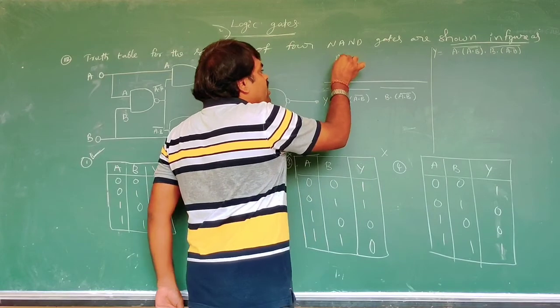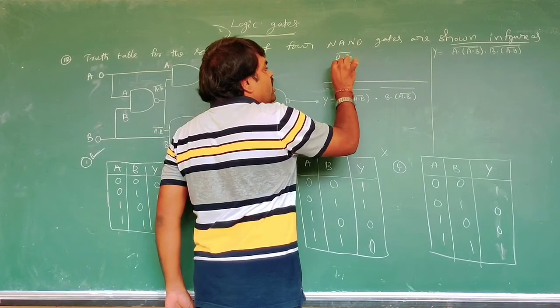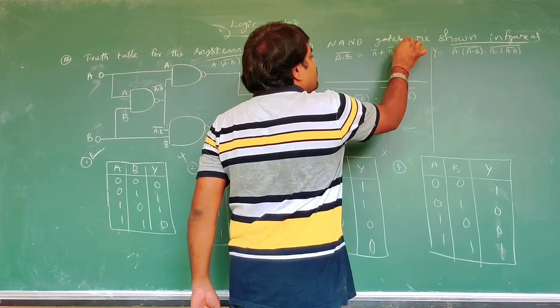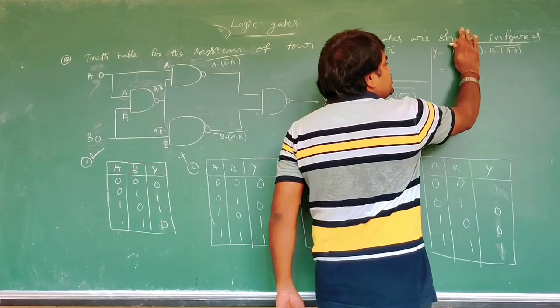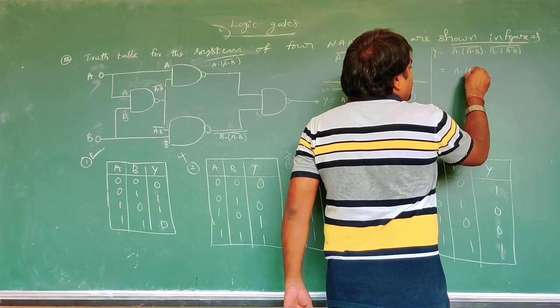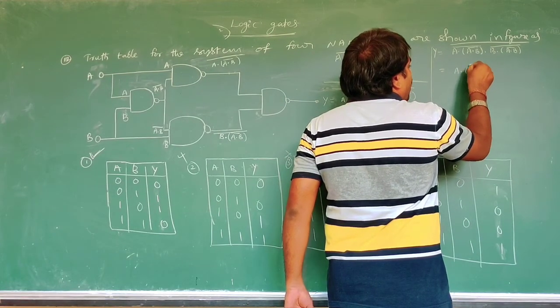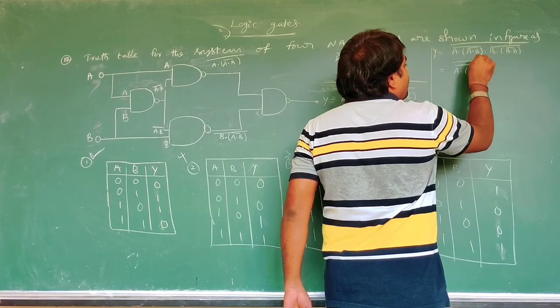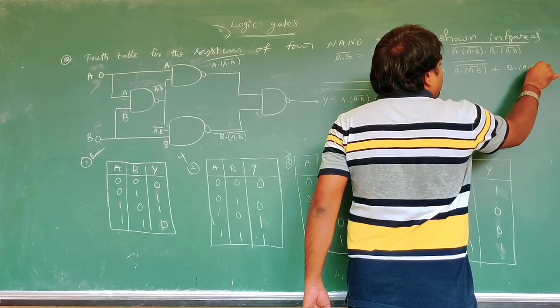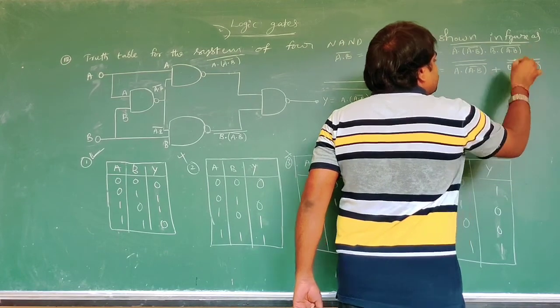By using De Morgan's law, A dot B bar formula is A bar plus B bar. Now we write, this is the A, this is the B. That is what you write. A dot B bar whole bar plus B dot A dot B bar whole bar.